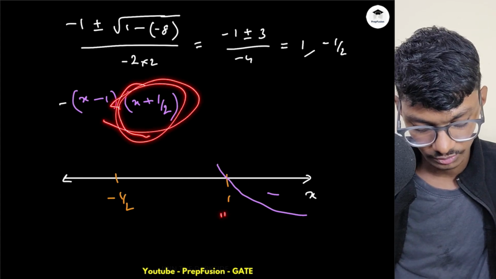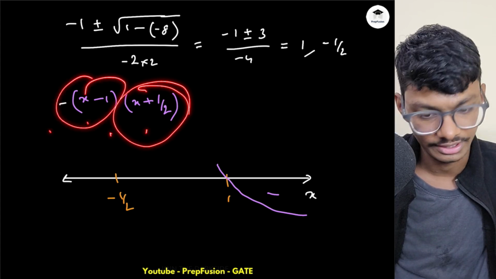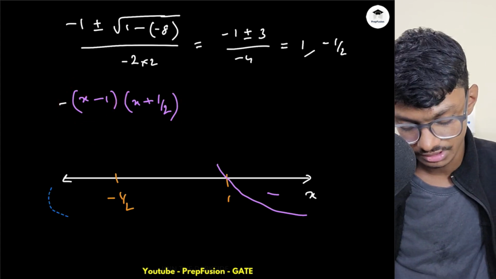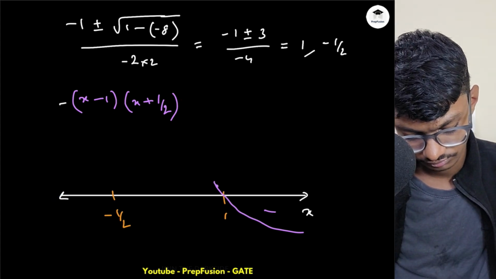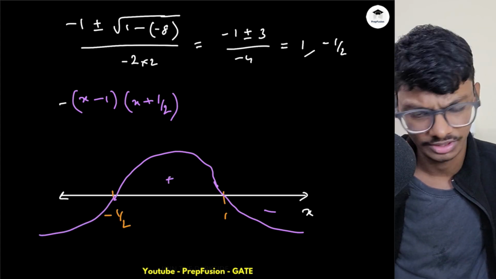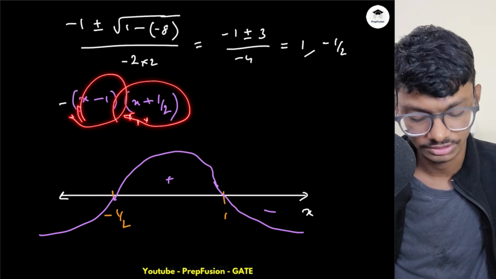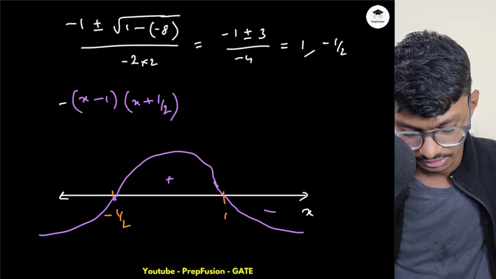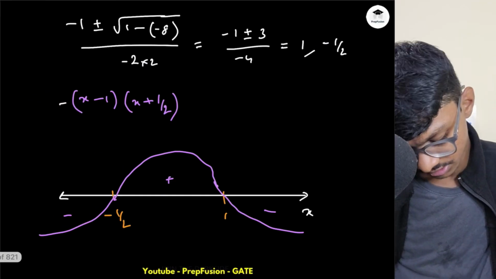Less than 1, this thing is positive anyway, this is getting added anyways. So this is positive, this is negative, overall negative times negative is positive again, so this will be positive. Then again at x equals to half, you can see the wavy curve method. This thing also goes to negative, this thing is already negative, positive, and I have a negative sign at the front, this will be negative again. Okay, so this is the case.